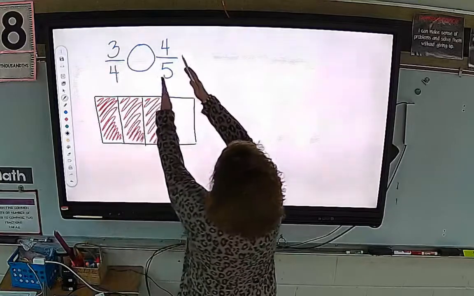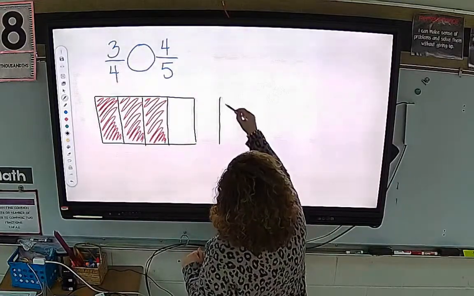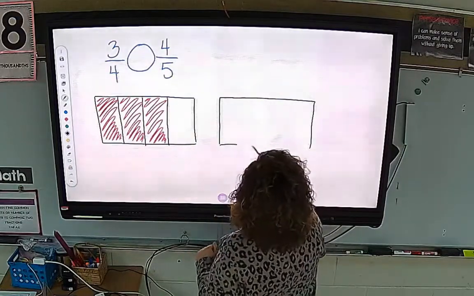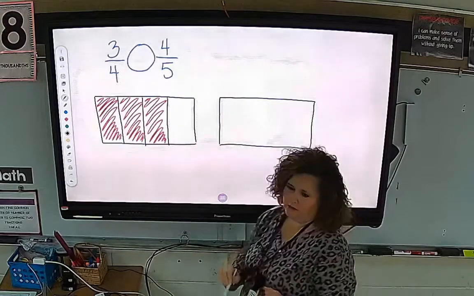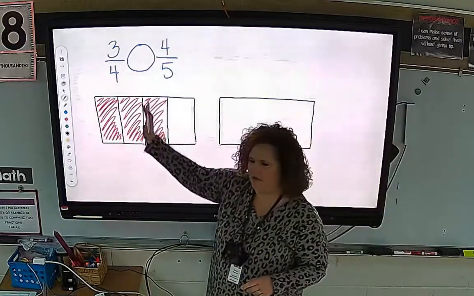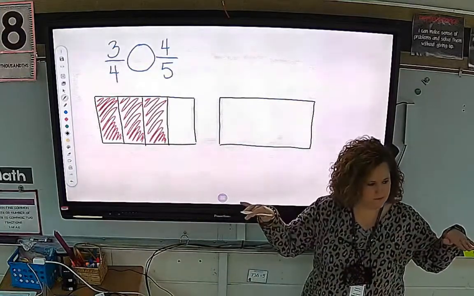And then we do one for the 4/5. I'm going to try to make it similar in size and shape, except, okay, here's where it gets different. This area model I have cut vertically. This area model I'm going to cut horizontally. So they look different.